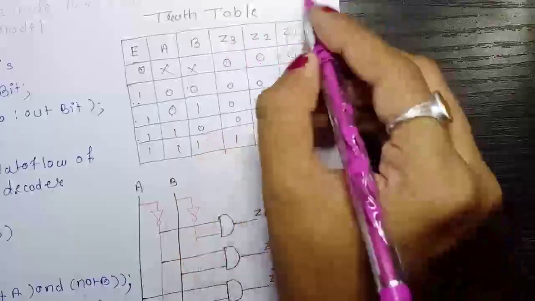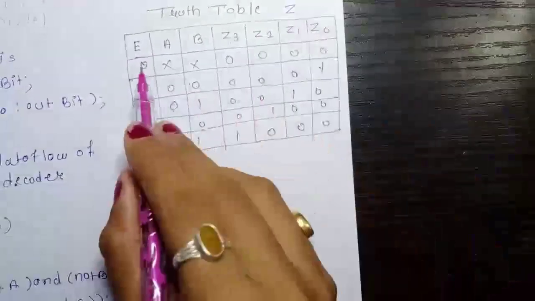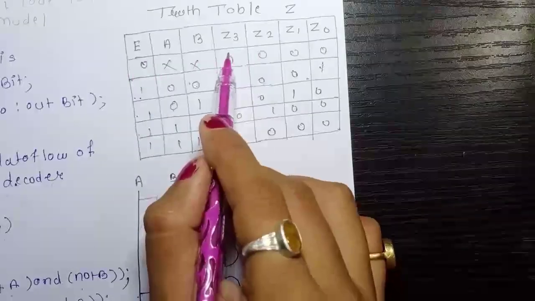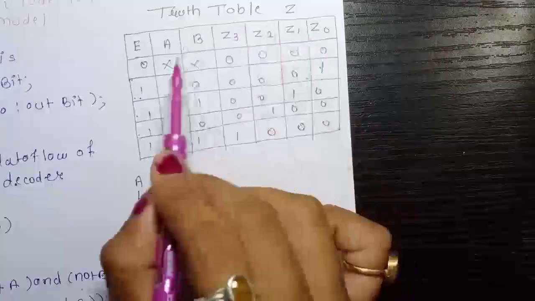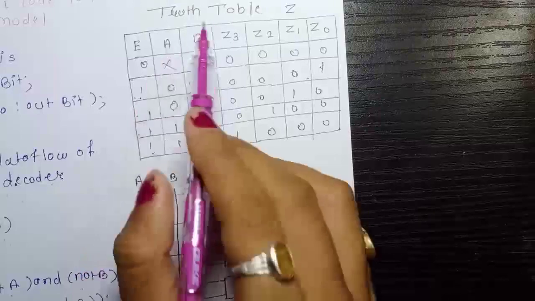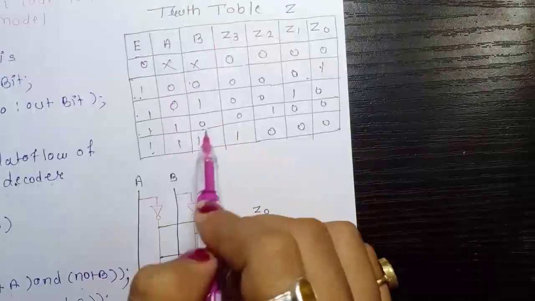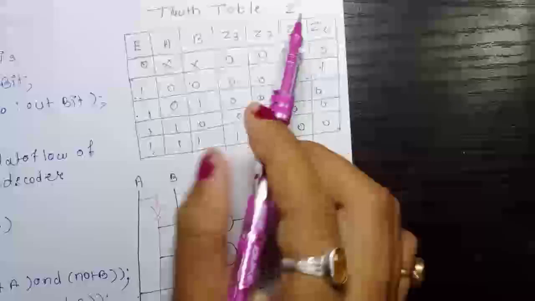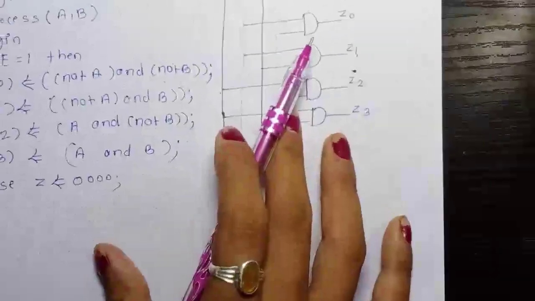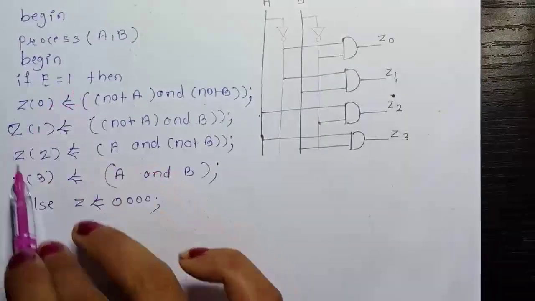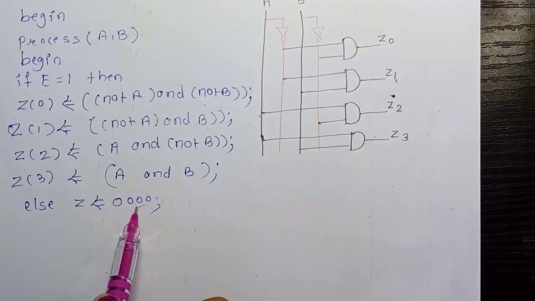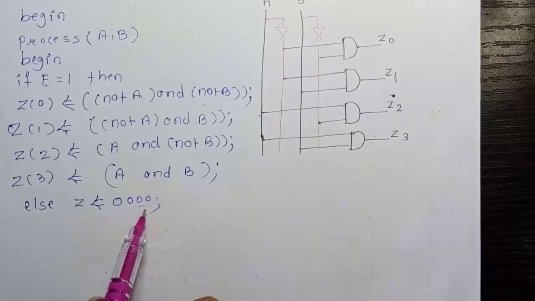We can consider it as Z. When E is 0, that means my decoder is disabled, that time we will get all of them 0. But when E is equals to 1, there are 4 conditions, because we have 2 inputs, that's why 4 possible conditions. That time we will get outputs Z0, Z1, Z2 and Z3. So if E is equals to 1, we will get the 4 outputs. If E is equals to 0, we will get all the outputs as 0, that is the else part.